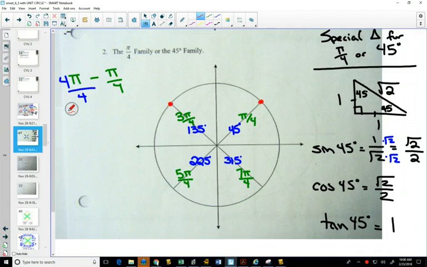Label your coordinates on the unit circle where these angles intersect the unit circle. The coordinates of our first one are root 2 over 2 and root 2 over 2.